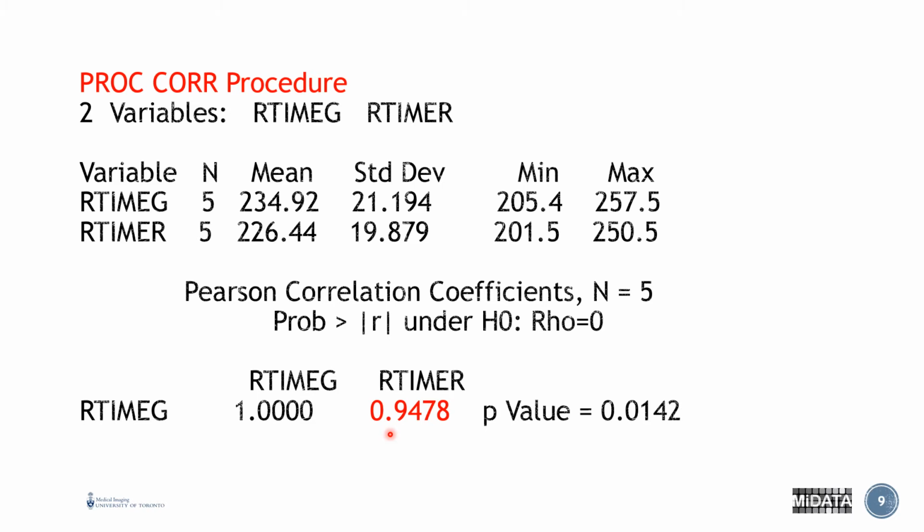Now you'll remember that we stated that a perfect correlation was 1 or -1 depending on the direction. The p-value on this is statistically significant with 0.0142. So this means that there is a positive, strong correlation between reaction time of green and reaction time of red.